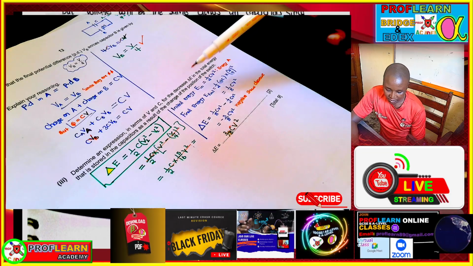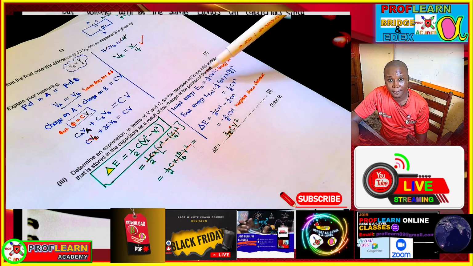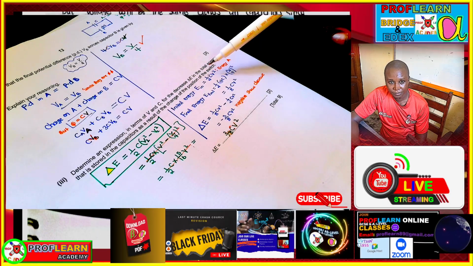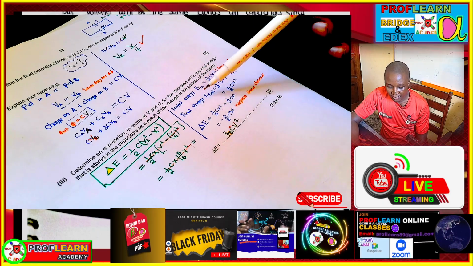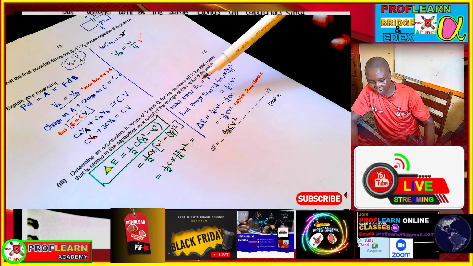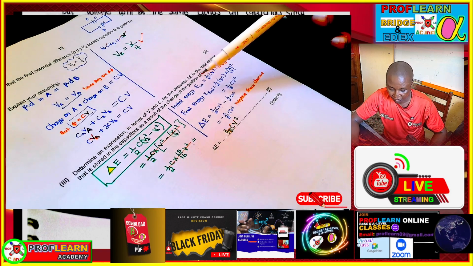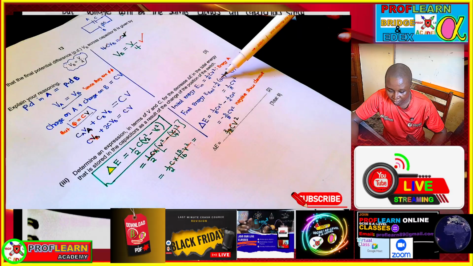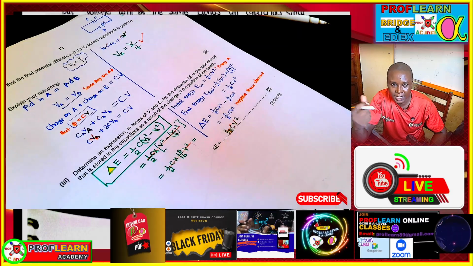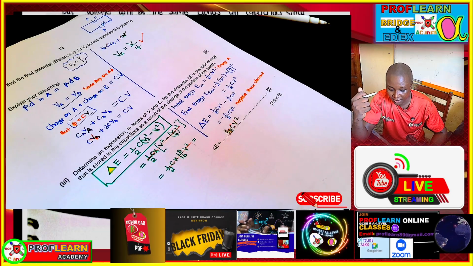We need to remember that the initial energy was the energy in capacitor A, which was a half CV squared. The final energy is going to be what? The final energy we're talking about is for the total now, the total in the connection.